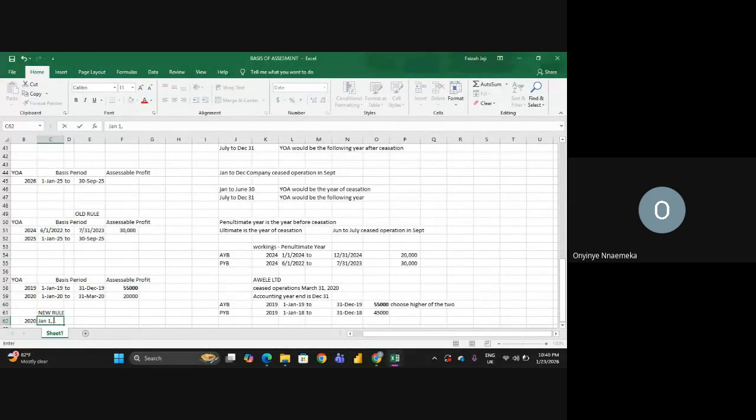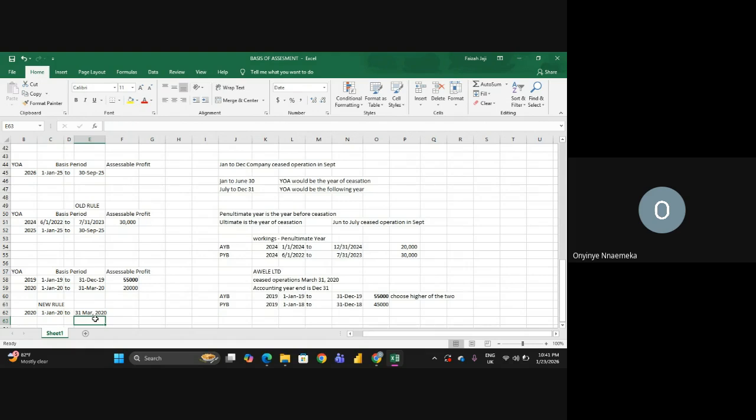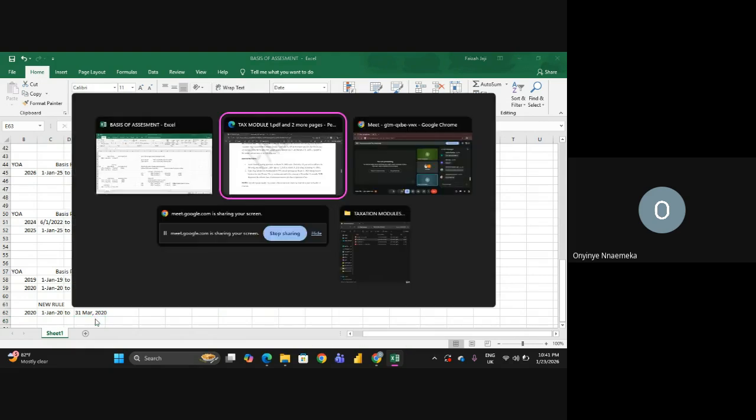January 1st, 2020 to the date of cessation. The reason why this one is the same as the old rule above is because the year end is December. So don't get confused. The year ends December. That's why the date is a coincidence. You get? So that's it.